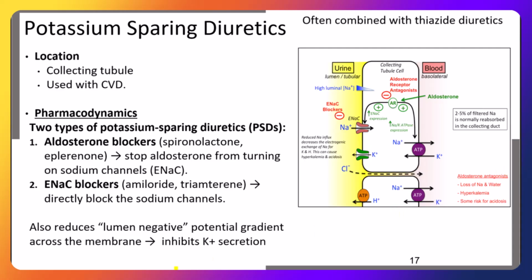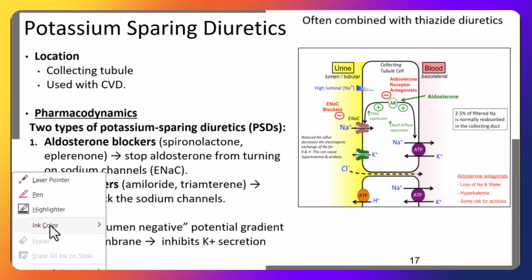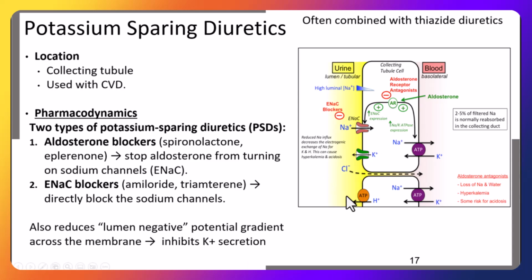So it really comes down to where the drugs are acting, for one, at what level of the nephron. And it also comes down to electrical gradients, maintaining electrical gradients. Because at the distal end of the tubule, we're blocking the movement of sodium, so it stays within the lumen.